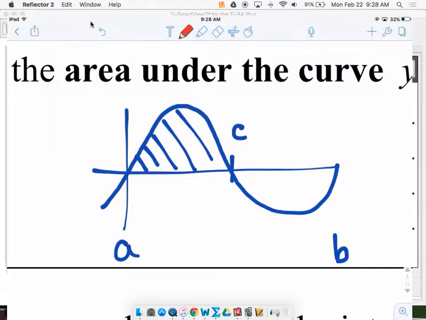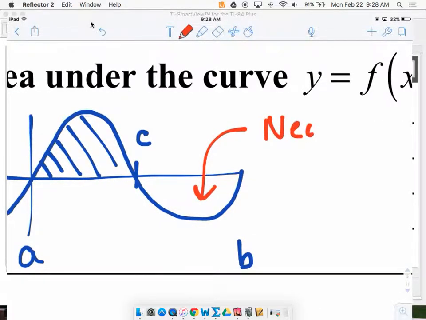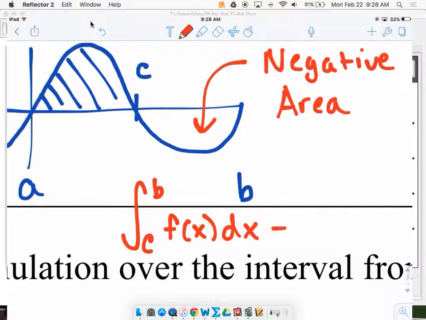So if this region here gives you a negative area, we want to make it the opposite, right? So any time you want to make something the opposite in math, what do you put in front of it? A negative, right? So if I were to do the integral going from C to B of f of x, that would give me a negative answer.